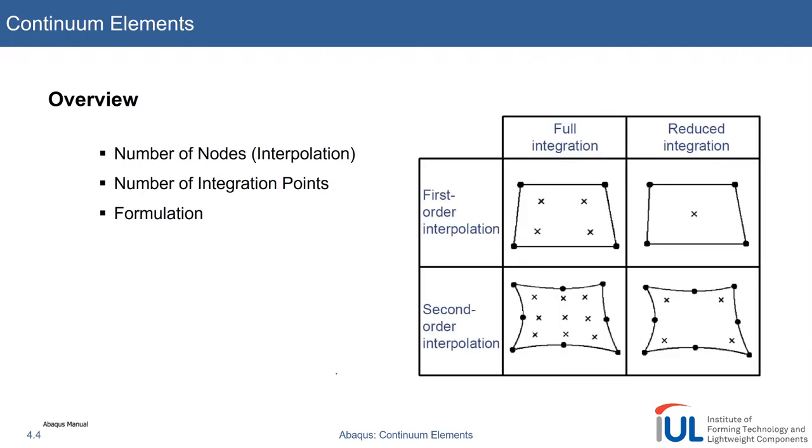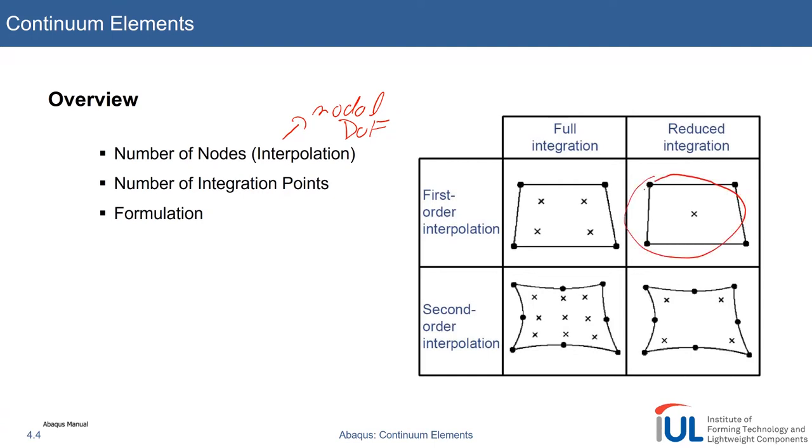The most general view on continuum elements is basically listed here. The number of nodes basically defines the interpolation of your nodal DOF, so your nodal degrees of freedom, over the entire domain of an element.